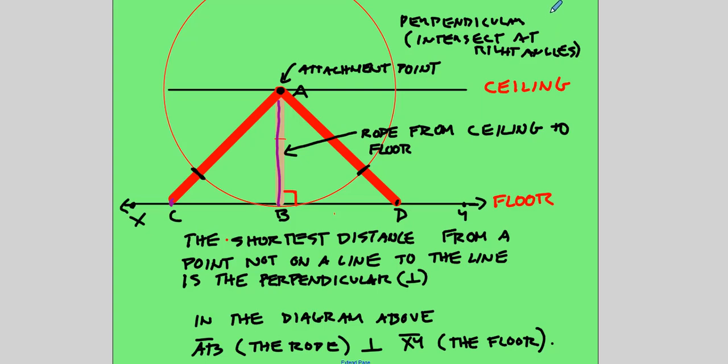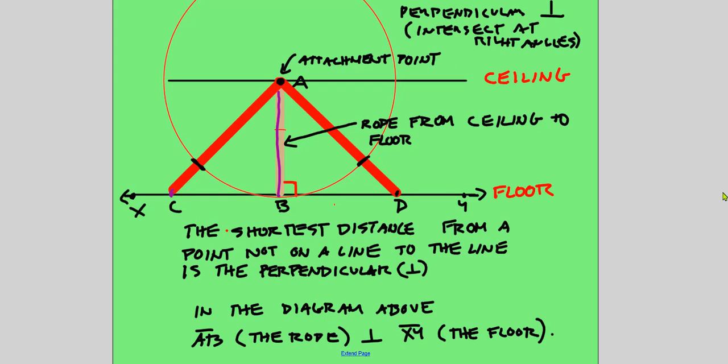Instead of having to write it out all the time, we put an upside down T to represent perpendicular. So in the diagram above, segment AB is perpendicular to the floor, which I'm representing with line XY.